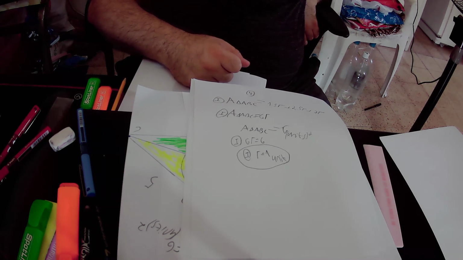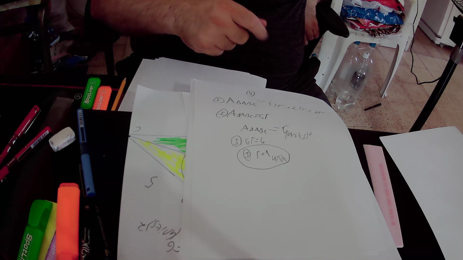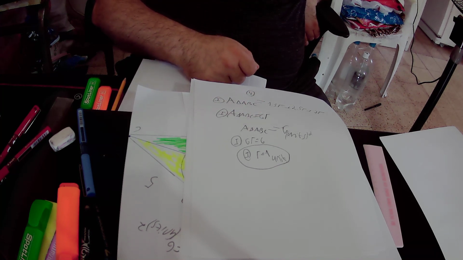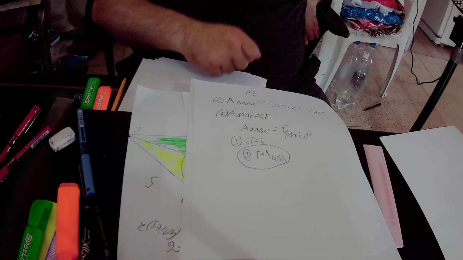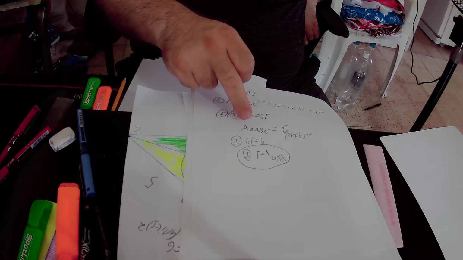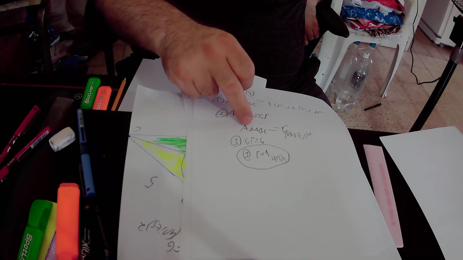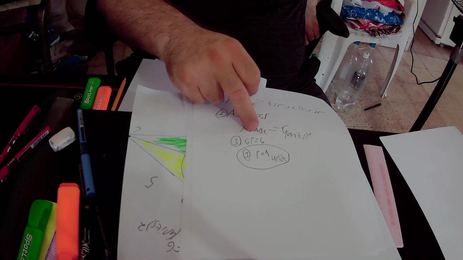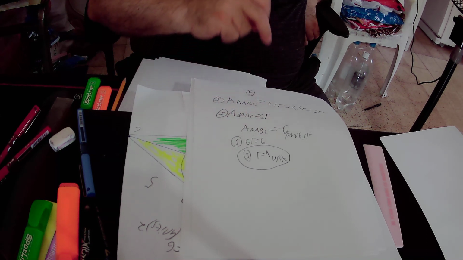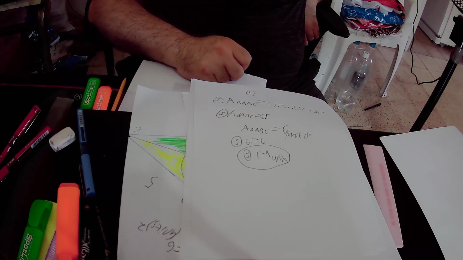So in total we get that 6 times the radius equals 6 units, and if we divide the equation by 6, then we get that the radius equals 1 unit. So this is the answer to the question.